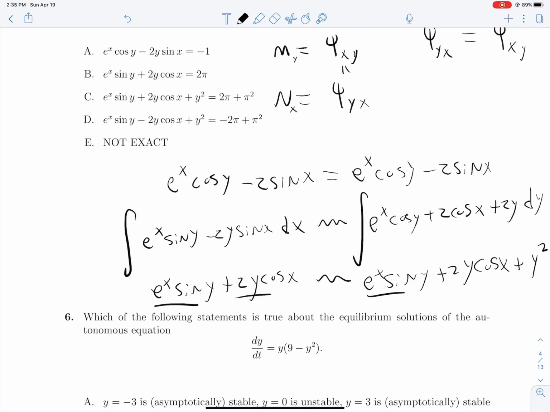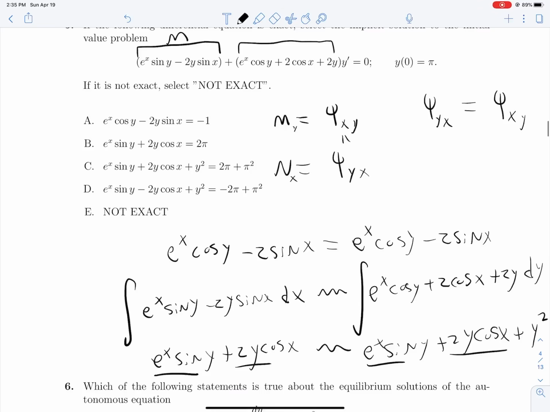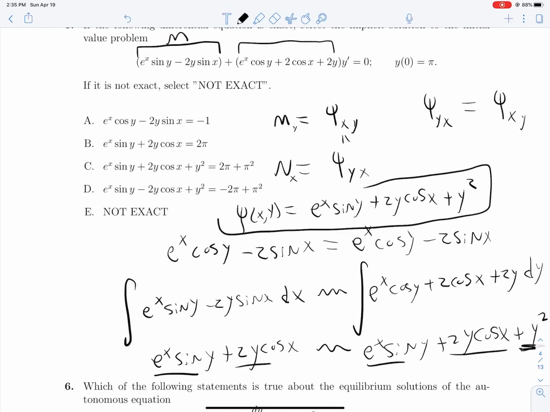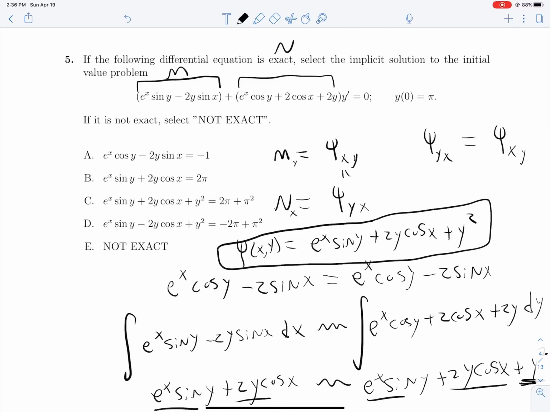So these overlapping terms will only count once, and so we can say that psi of x, y is equal to e to the x sine y plus 2y cosine x plus y squared. And feel free to stop and take the partial derivatives of this with respect to x and y, and you'll see that we get exactly M and N over there.